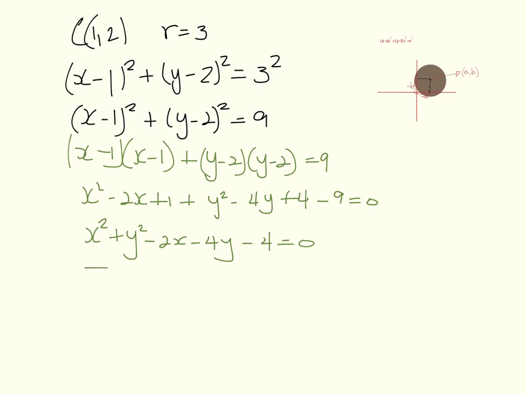So this is the equation of this circle that has a radius of 3 and a center of (1, 2). But for the purposes of this video, when we do any more, we will just keep it like this. I just showed you this in case you've been asked in a question to bring it to that point. All right, let's have another go at another question.